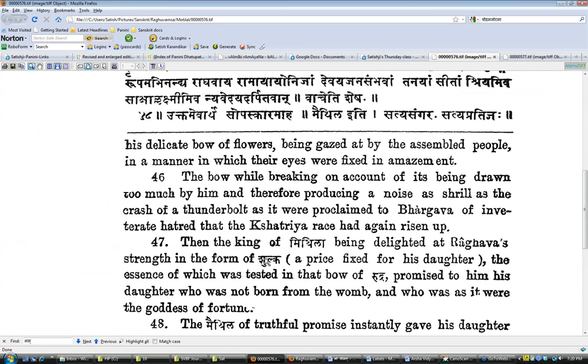He's saying Raghava's strength in the form of Shulka, the essence of which was tested on that bow, meaning Rudra Karmuke Drishtasaram, and so on, he goes on. Now when you say Jnanamrutam, it is really Amrutam in the form of Jnanam, isn't it? Jnanam in the form of Amrutam. That's what they're taking.